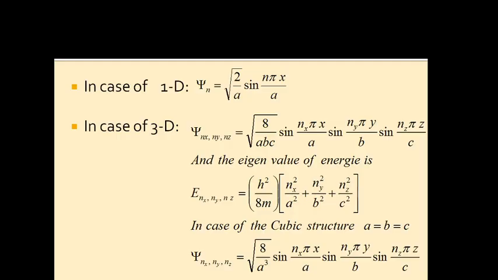In case of one dimension, we have seen that the normalized wave function is of the shape psi of n equals under root of 2 by a, sine n pi x upon a.